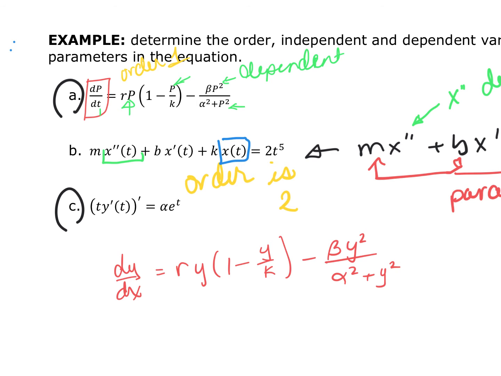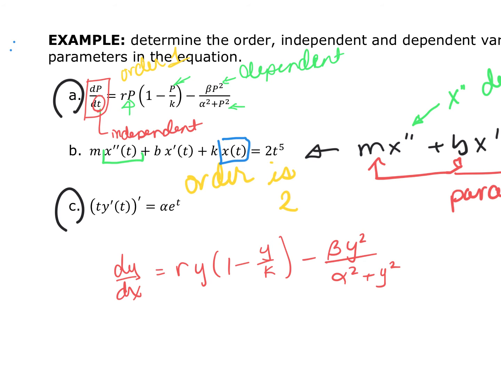Whenever we see y, it is dependent on x. This is the same thing, pulling out that information in the way that we're familiar with, but with different variables. So p is our dependent. Now, the thing that kind of messes us up here is that I don't see t anywhere on the right-hand side, but that's okay. T itself is my independent.